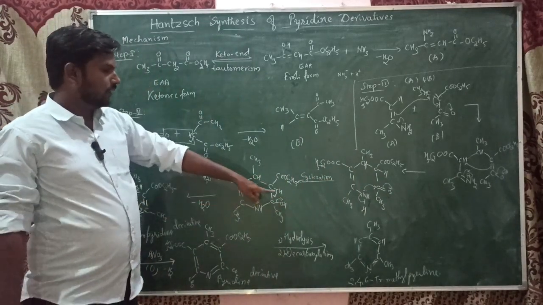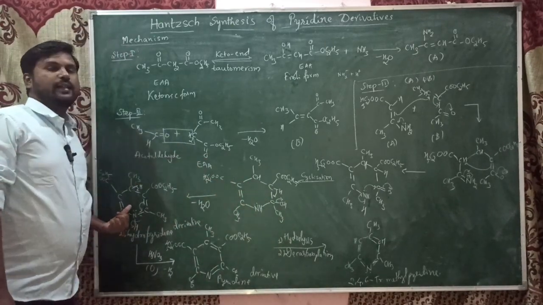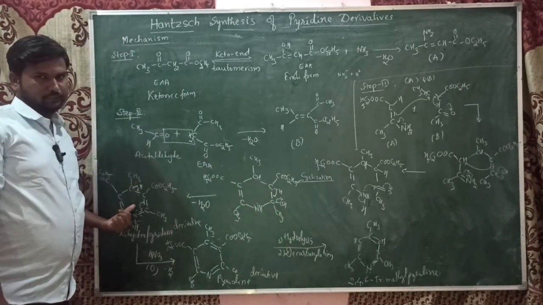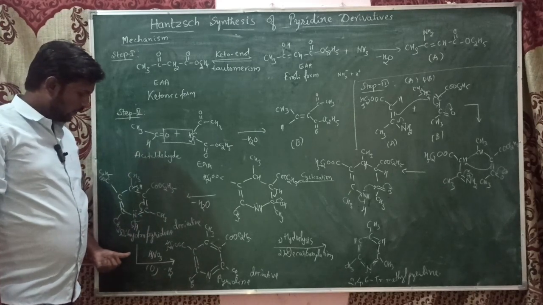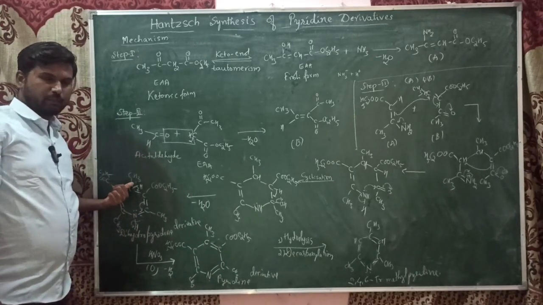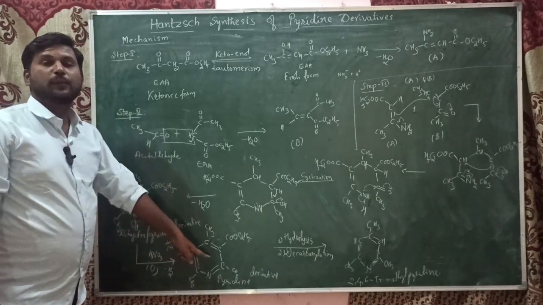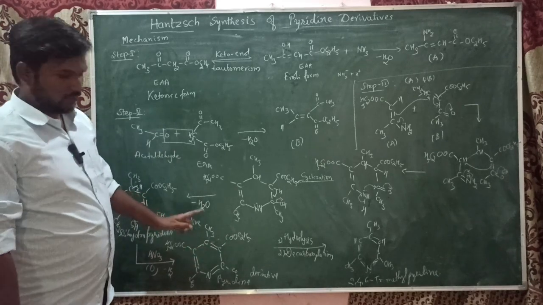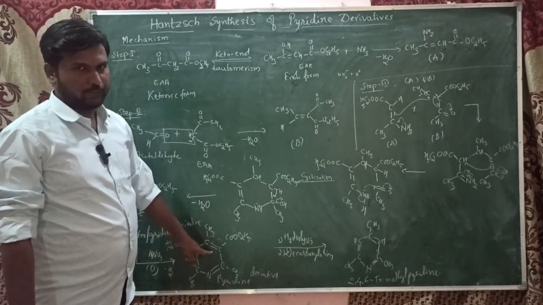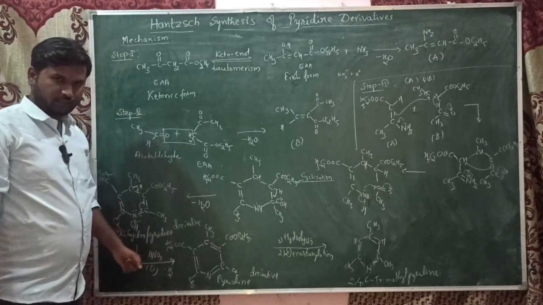Okay, here there is a removal of this water molecule, which will give us a dihydro derivative of the pyridine, and this dihydro derivative has an extra hydrogen at the nitrogen and at carbon number 4 that has to be removed, forming a complete aromatic cycle, and that will be the pyridine derivative by dehydrogenation or oxidation.